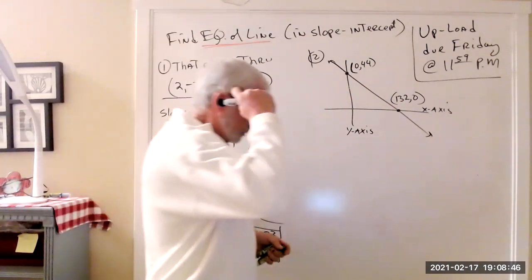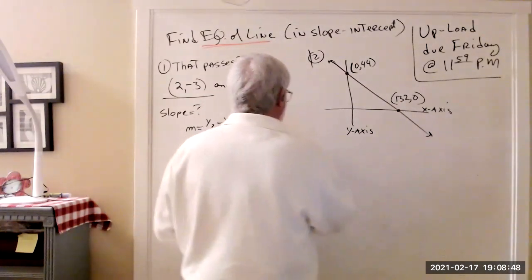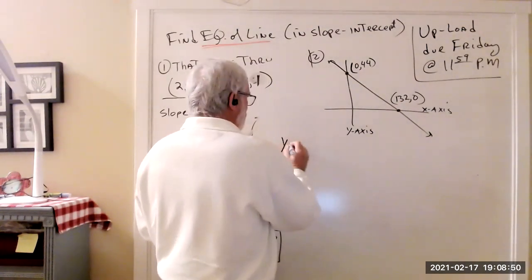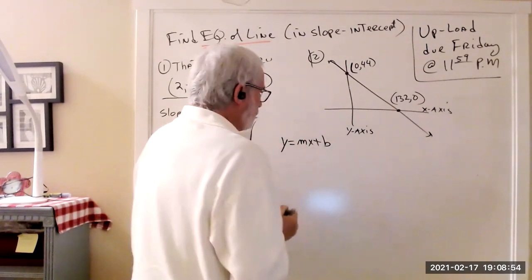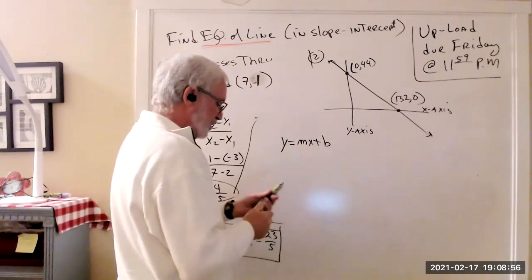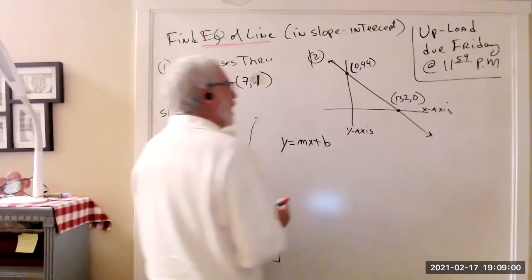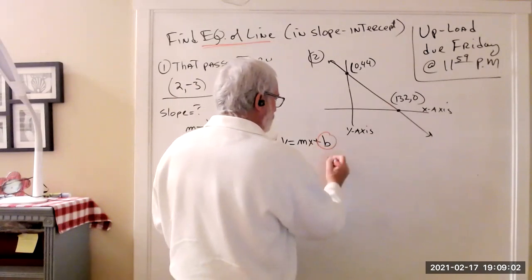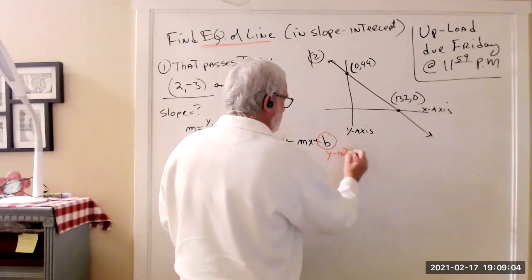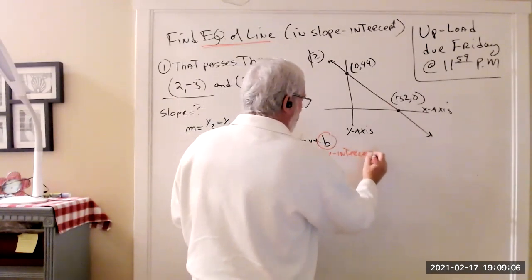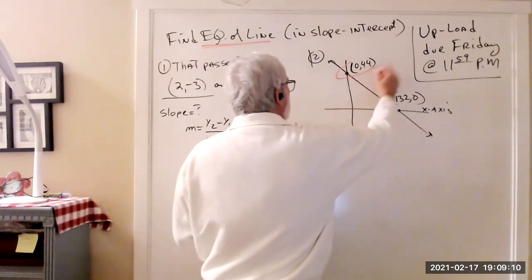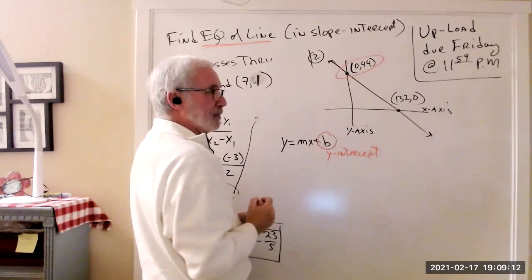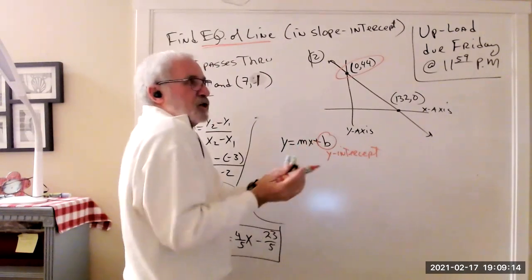First thing, when we write y equals mx plus b, what did the b stand for? The y-intercept. Well, guess what? In this particular problem, this is the y-intercept. It was just there.